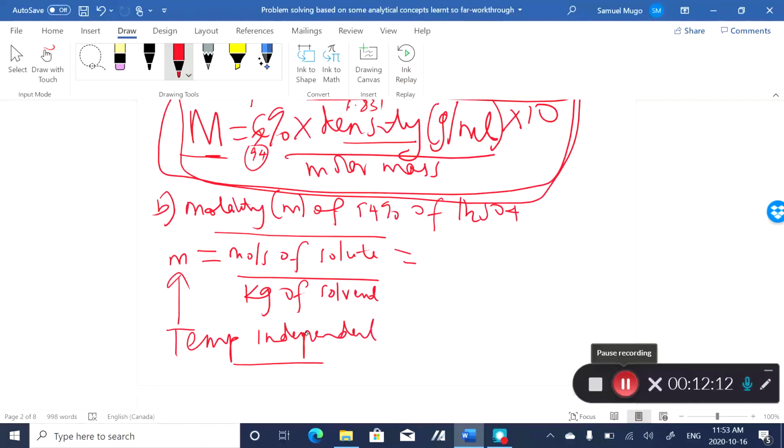And so the moles of the solute, in this case, for 94% sulfuric acid, I've got 94 grams of sulfuric acid divided by the molar mass, which is 98.08 grams per mole. And so that's the number of moles. And then I divide everything by the kilograms of the solvent, which is 1 over, remember the mass of the solvent would be 100, that's a percent, that's a total, minus the 94.